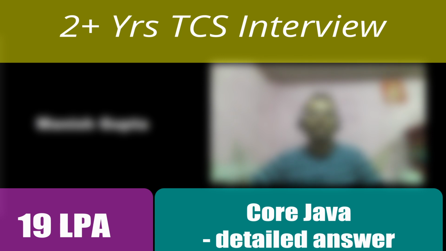On the other hand, the equals method compares the content or state of two objects for logical equality. By default, equals in the Object class behaves similarly to double equal to, comparing memory addresses. However, many classes in Java like String and Integer override equals to compare the actual data content within the objects. In custom classes, equals should be overridden to provide meaningful comparison based on the object attributes.